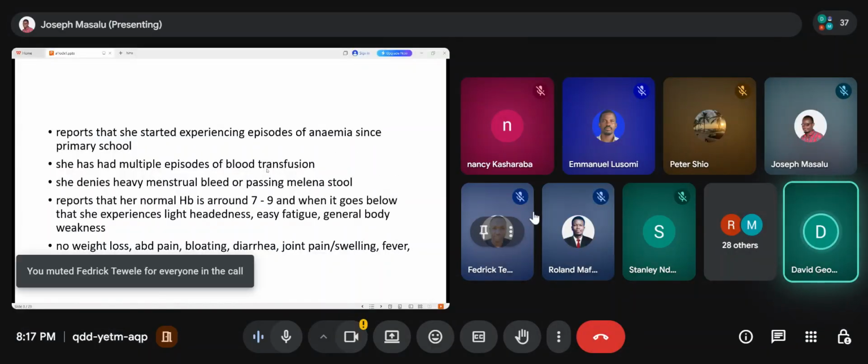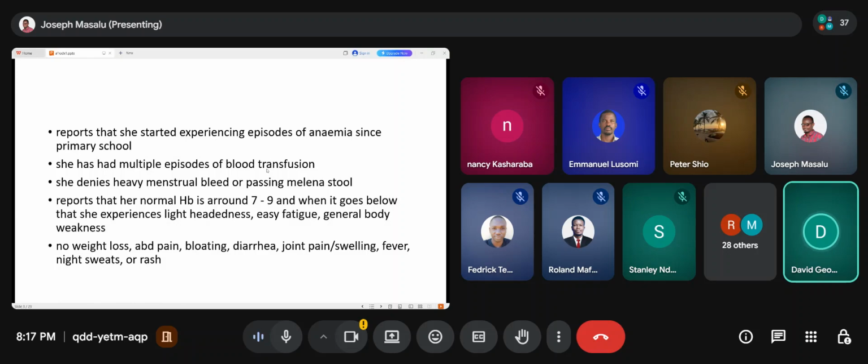I'll start with the simple CBC, and because the patient has been having multiple episodes of blood transfusion, it's recurrent, and therefore a CBC will be important. A peripheral smear, depending on what we see, a reticulocyte count, and then iron studies might be very important, and therefore iron deficiency anemia itself is one of those things that I need to consider at this point.